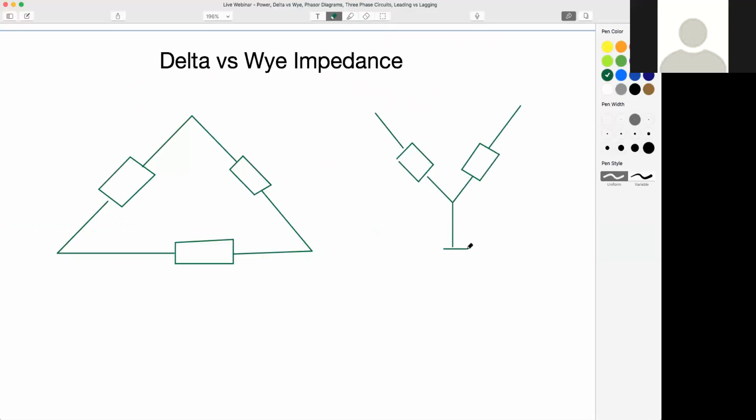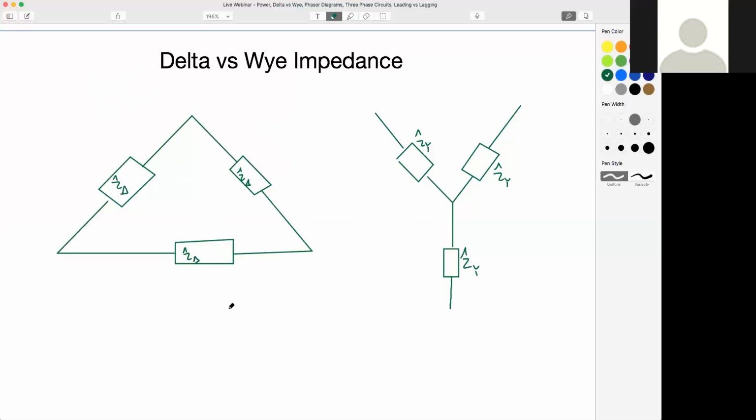So I'm going to say that these are my Y impedances. Each one of these impedances, we're just going to call it a complex Z sub Y. They're all equal in value. And each one of these over here, we're going to call this our complex Z with a delta subscript, and they are also all equal in value.